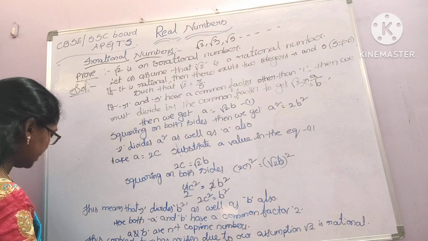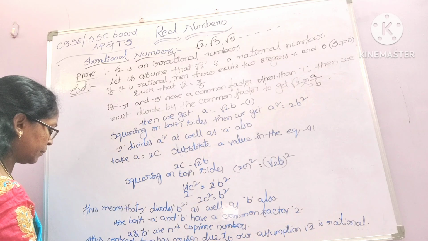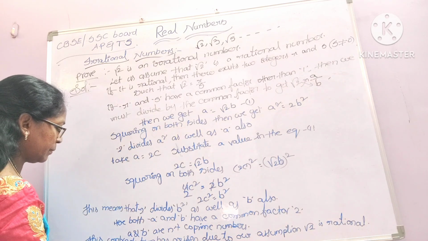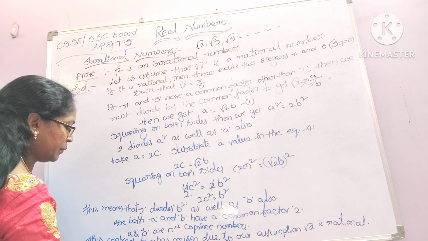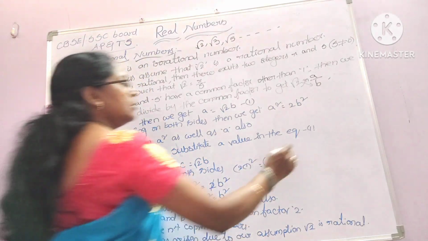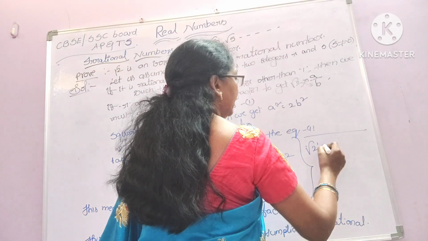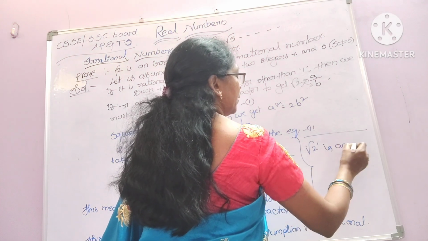This assumption is false. So we can conclude that root 2 is an irrational number.